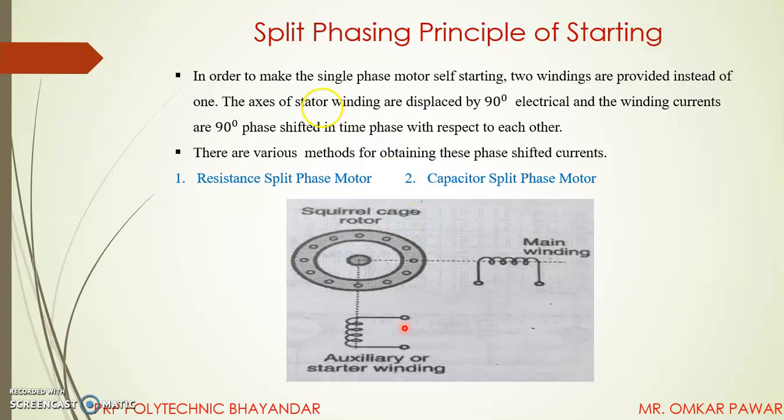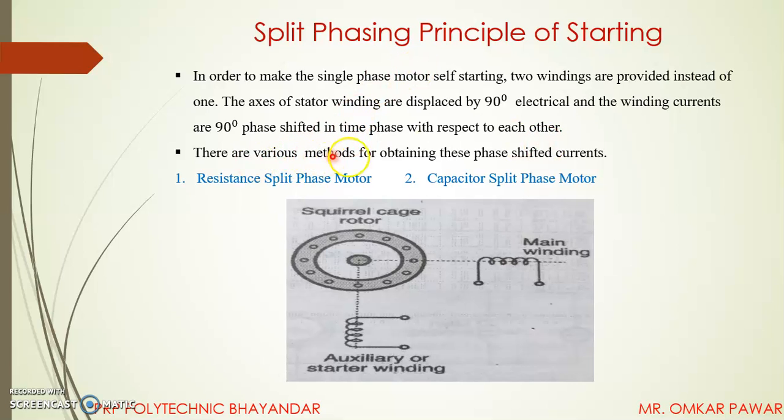So, in order to make the single phase motor self-starting, two windings are provided instead of one. That is, the axes of the stator windings are displaced by 90 degrees electrical and the winding currents are 90 degrees phase shifted in time with respect to each other. So we call it the split phasing principle.